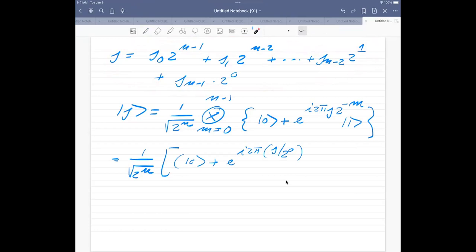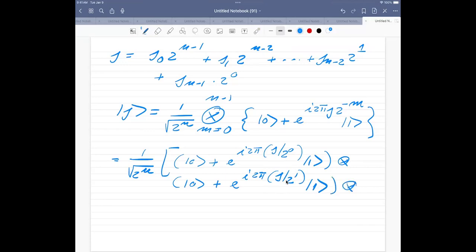So this is now given by 1, and then we have this chain of tensor products. So we have 0, plus e to the power of 2 pi, and then we have a j. So let me just rewrite that a little bit. This is j divided by 2 to the power of 1, of 1.